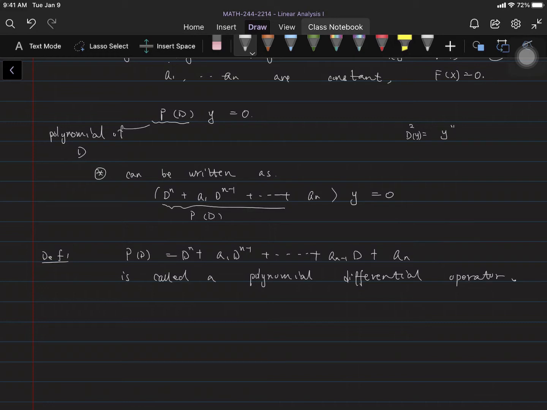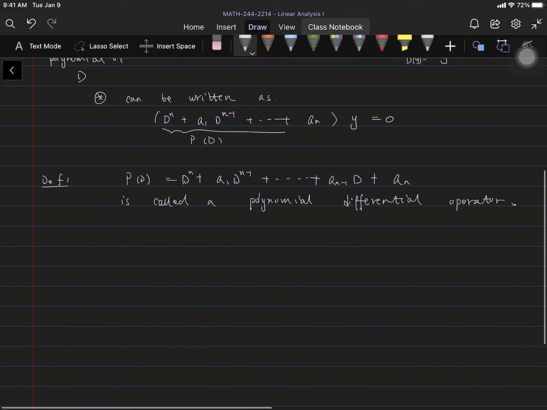Corresponding to this P(D), if we replace all the D by r, so we change all the D into r, we look at the polynomial: r to the n plus a1 r to the n minus 1, and so on, plus a(n minus 1) r plus an.